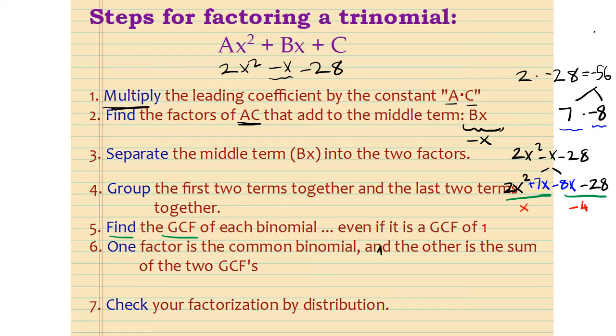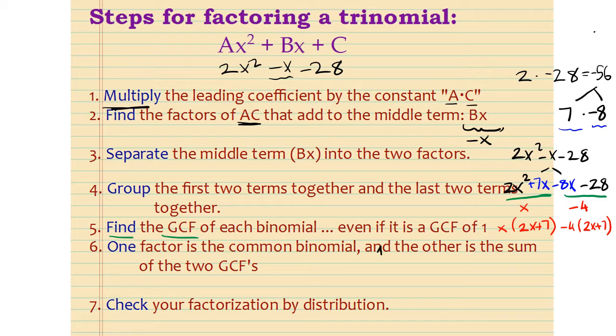If we do our factoring in each binomial group, I will get x quantity 2x plus 7. On the second binomial, we will have negative 4 quantity 2x plus 7.